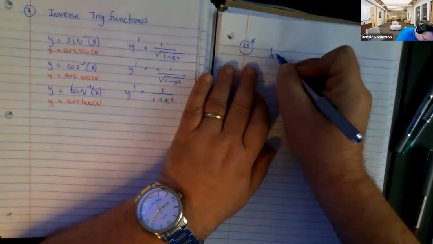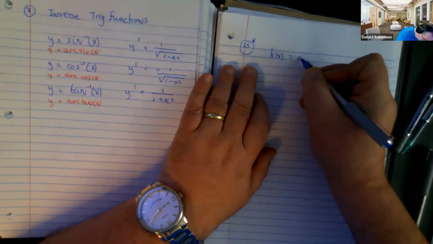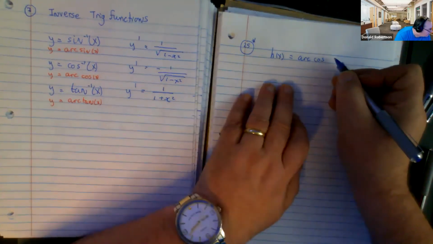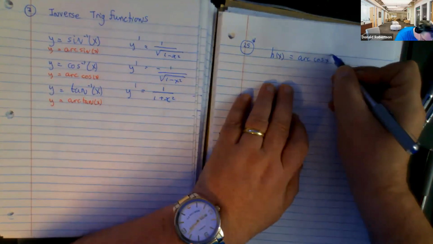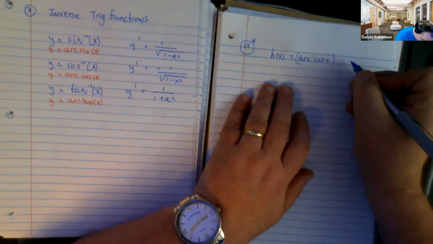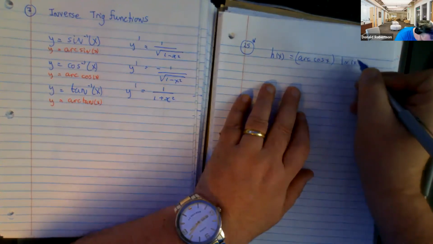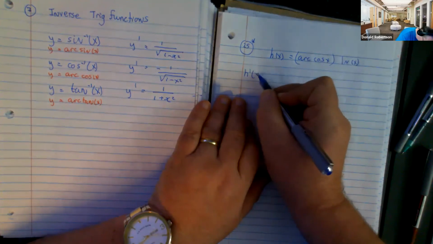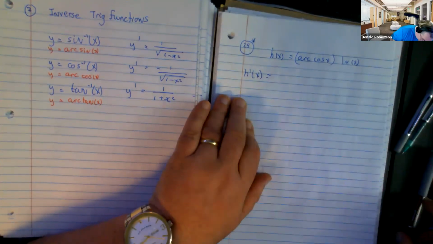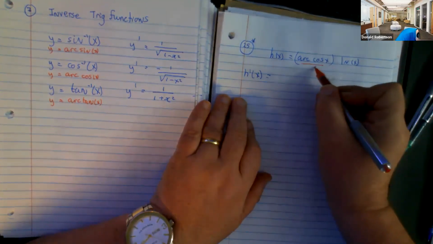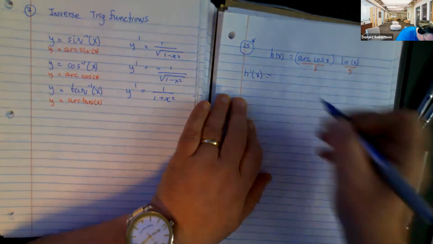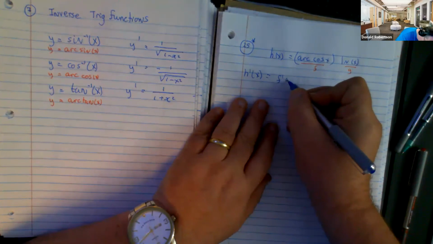So we have a function that is an arc cos of x multiplied by the natural log of x. That is my f, this is my g. So I'm doing product rule.